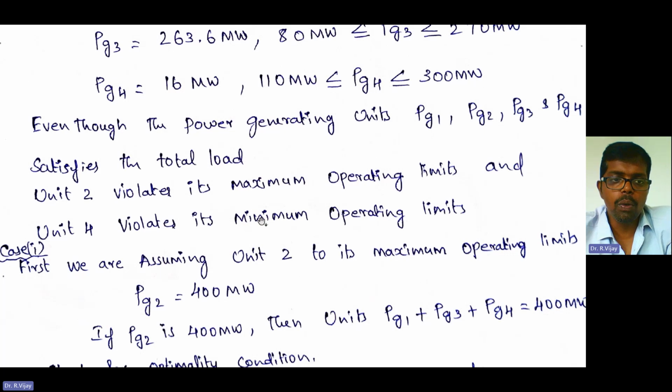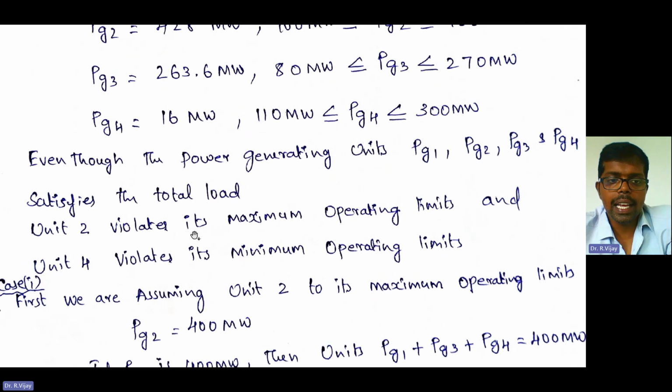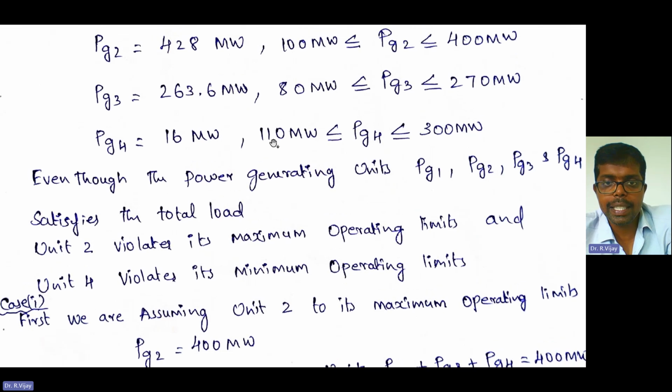Now, in case 2, unit 4 violates its minimum operating limit, that is 110 megawatt. So we fixed unit 4 as 110 megawatt.